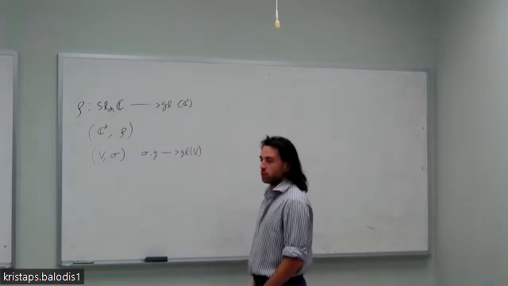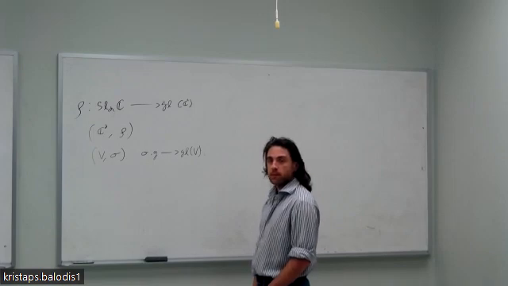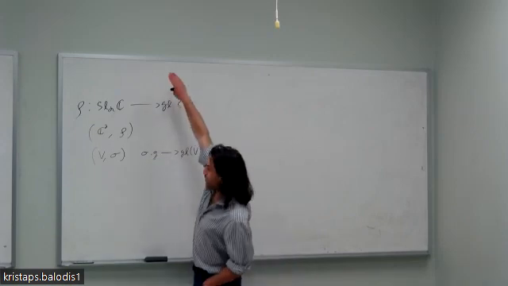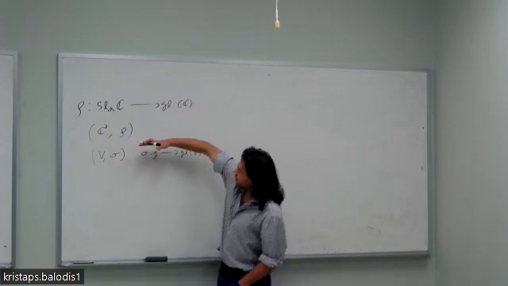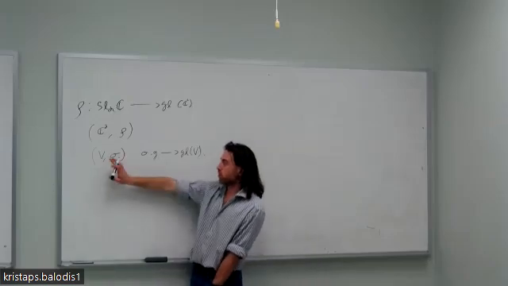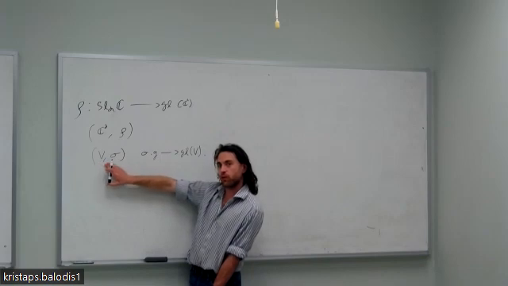What does it mean to be a sub-representation? Would it be just that GLV is isomorphic to a subspace in GLC2? Okay, forget this for a second. Definition of a sub-representation: a representation is a pair, a vector space and some map, subject to some conditions.